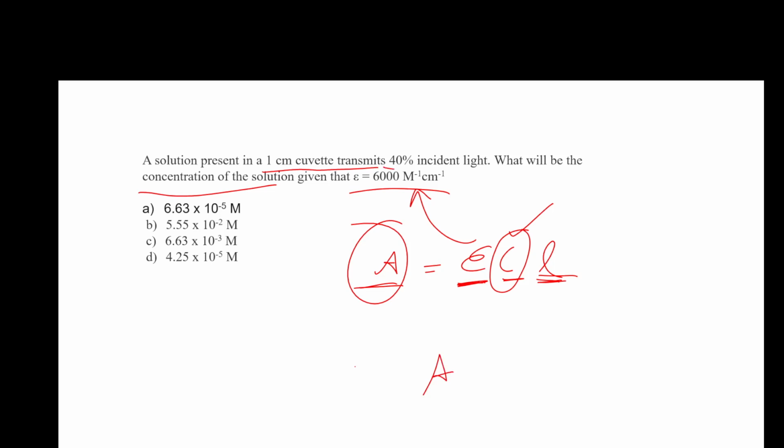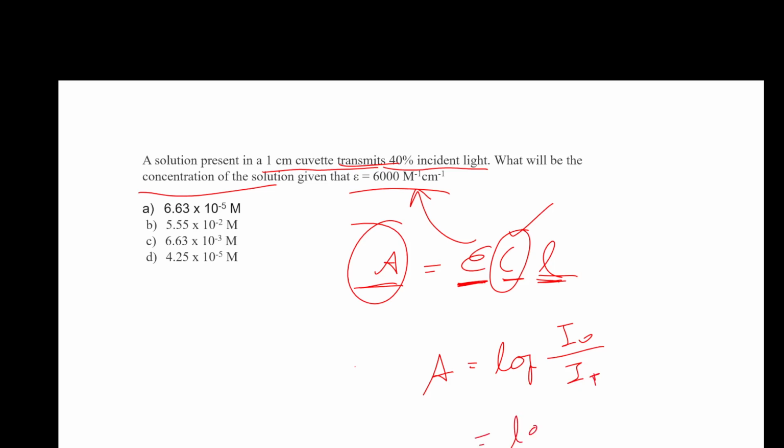To find the absorbance, we have a formula. Here 40% of the incident light is being transmitted, not absorbed, so we have to calculate the absorbance. The formula is log I naught upon I T, where T means transmitted light.